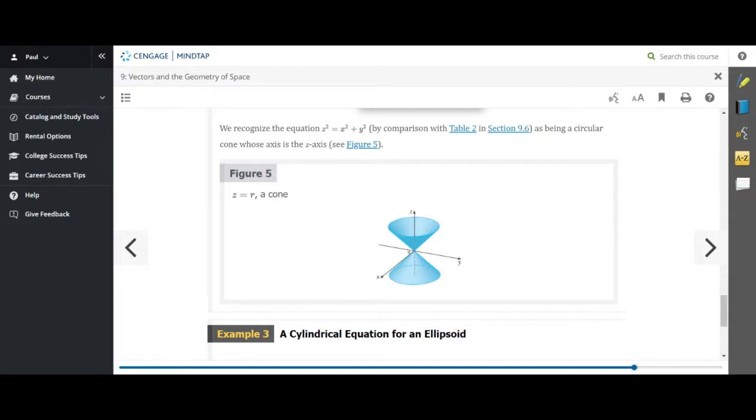We've talked about cylindrical coordinates. Now we have to talk about spherical coordinates.